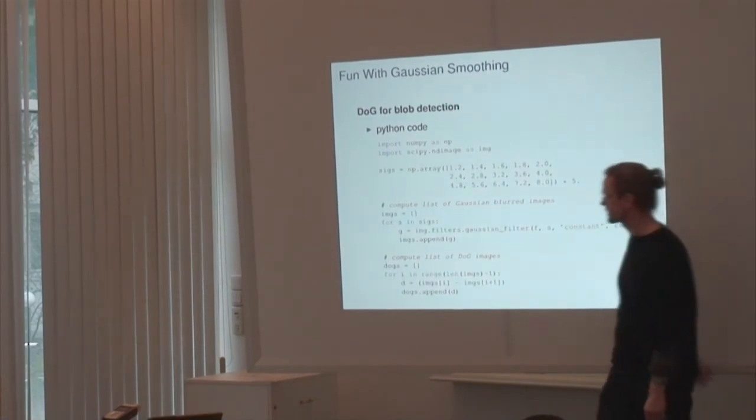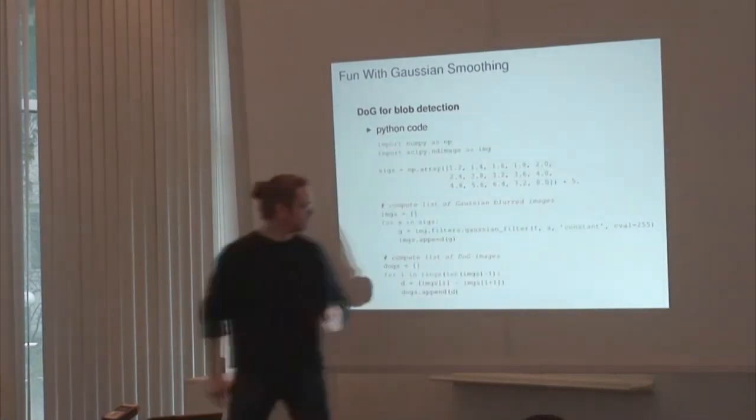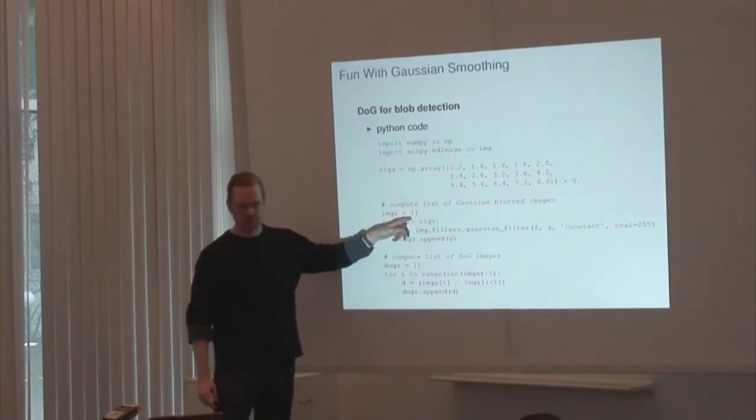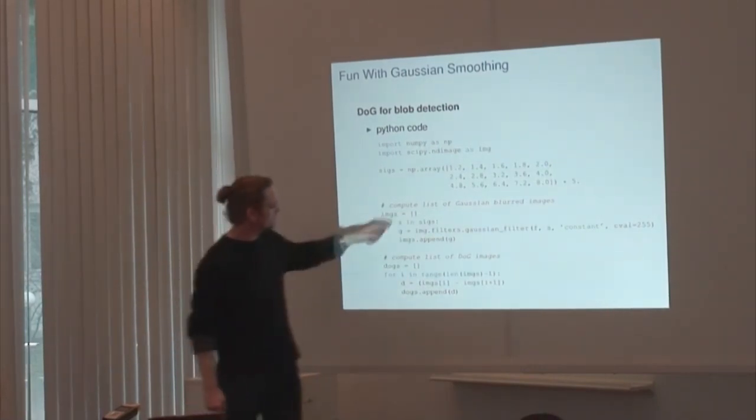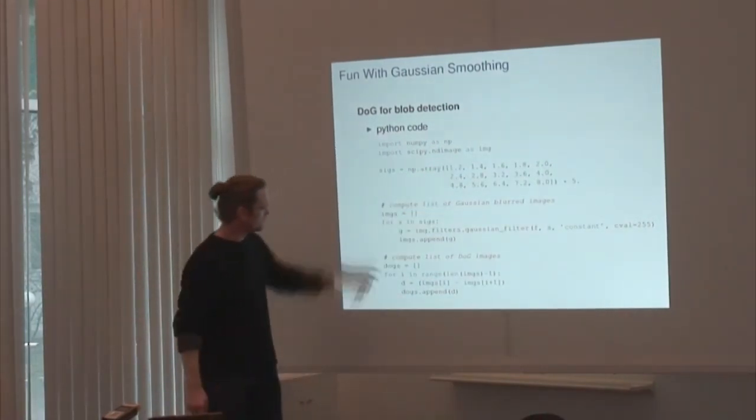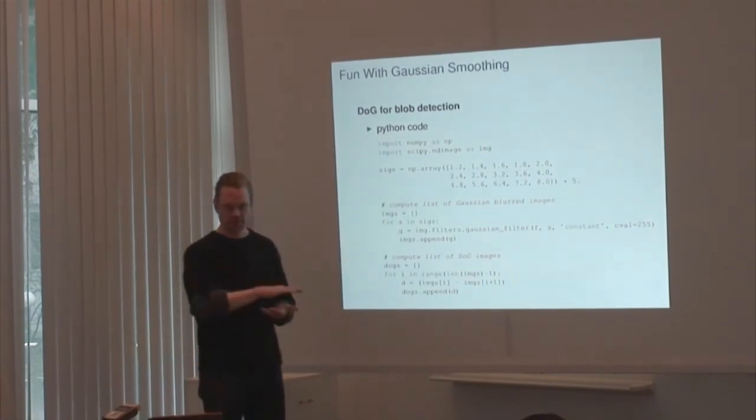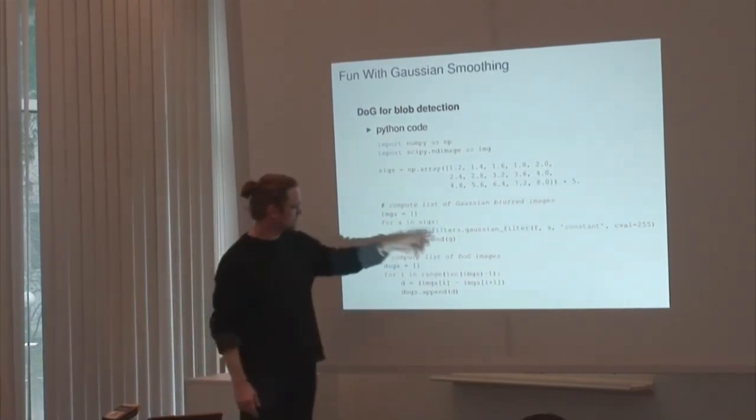I did it. And then I initialize an empty list and I iterate over all these numbers. And for each number I create a blurred version of the image and insert it to this list.